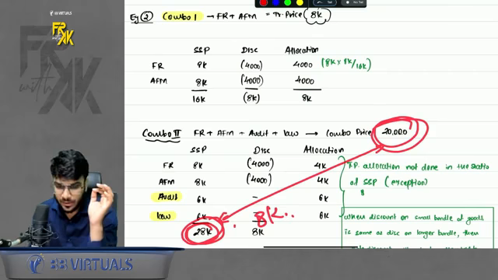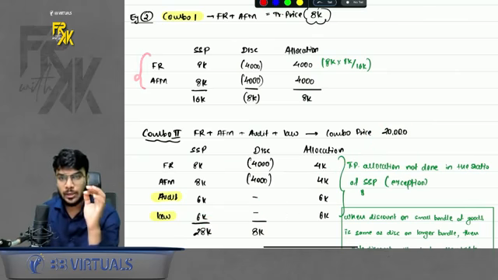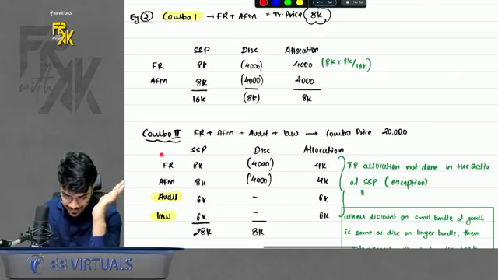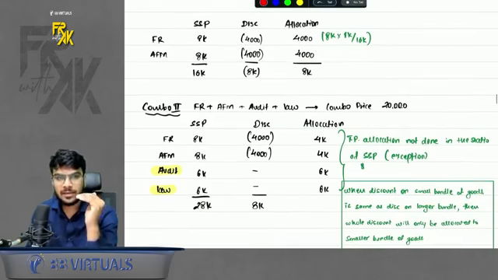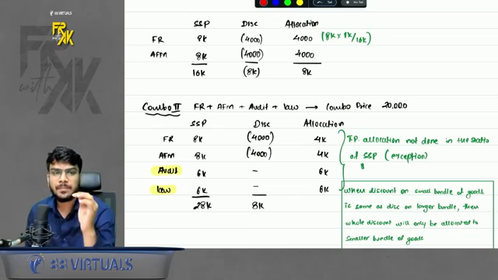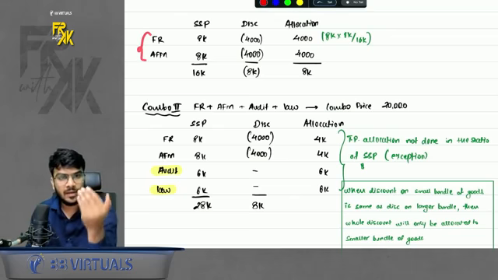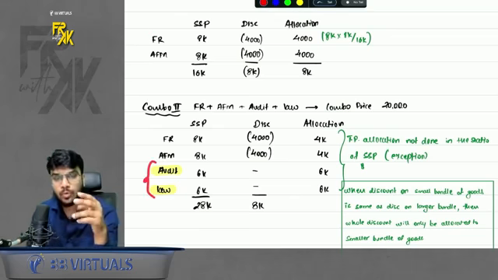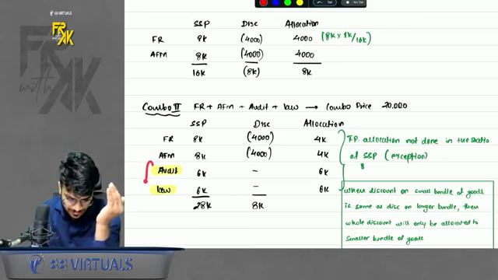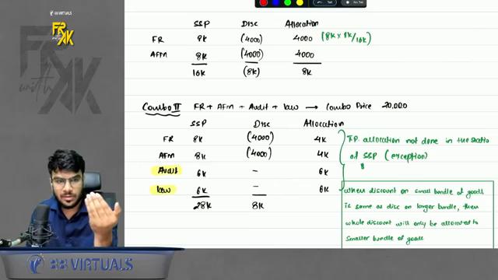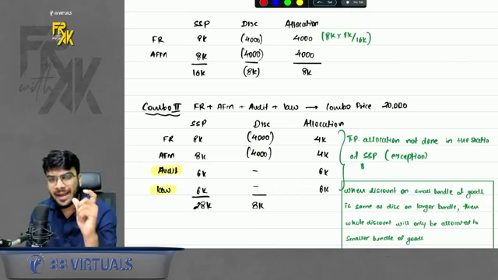If you see closely, when you were selling only 2 products, you gave a discount of 8,000. When you are selling 4 products, you still gave a discount of 8,000. That means here the discount is being given only on the first 2 products. Even if I'm adding audit and law in the combo, I'm not giving any additional discount.